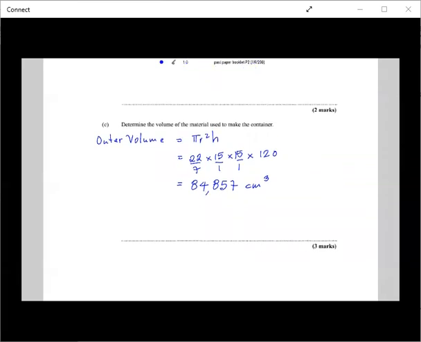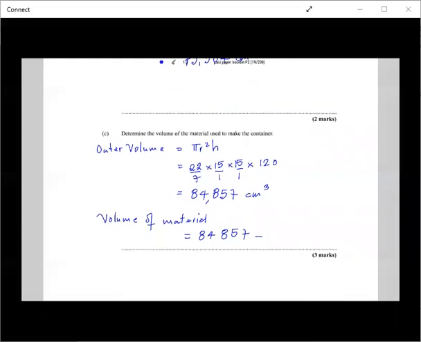Now, if I want to get the volume of the material, it would be the outer volume, which is 84,857, minus the inner volume, which is 73,304.